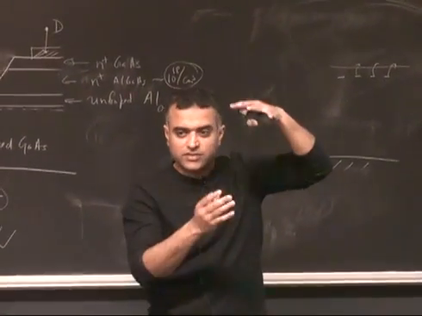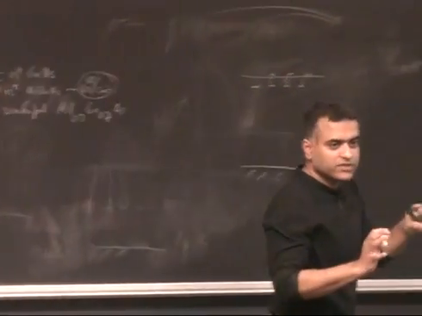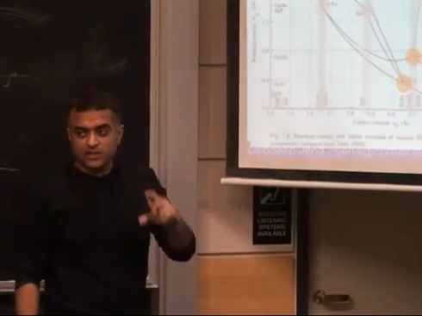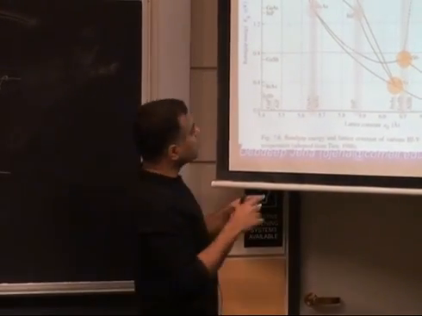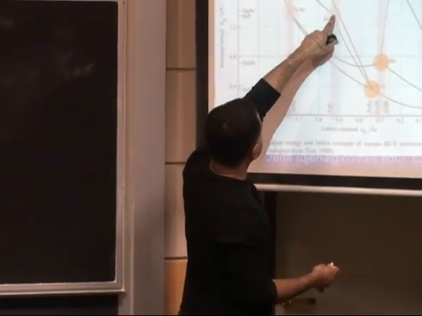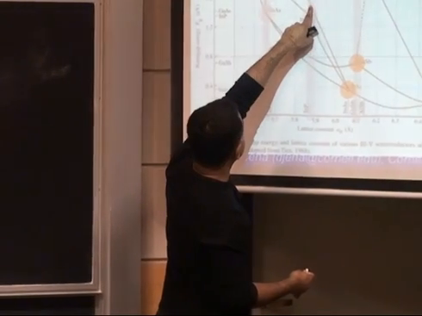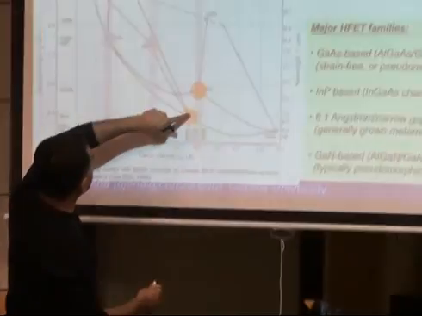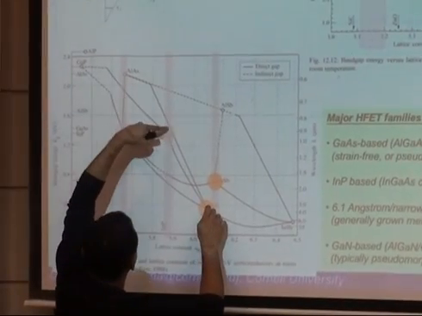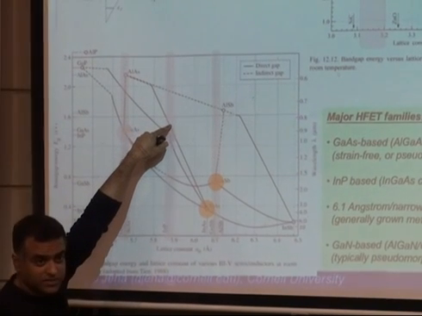So that would be about 0.4 or 0.5 eV band offset. But you can get slightly more by going, instead of indium phosphide, to an alloy of indium arsenide and aluminum arsenide. That's indium aluminum arsenide.